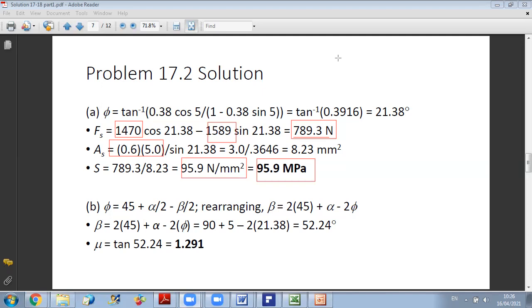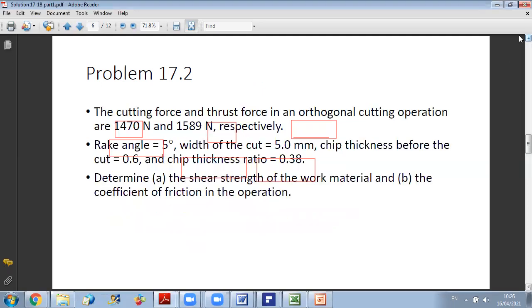Okay, and now if I go back to the questions, they also need me to determine the coefficient of friction in the operation. To determine the coefficient of friction mu, this is my purpose.